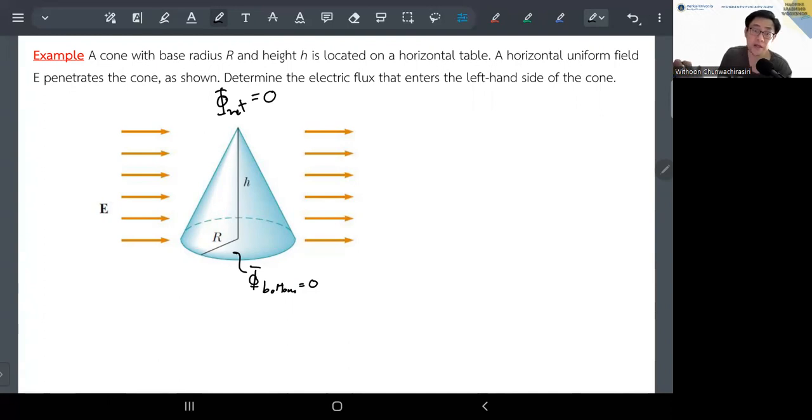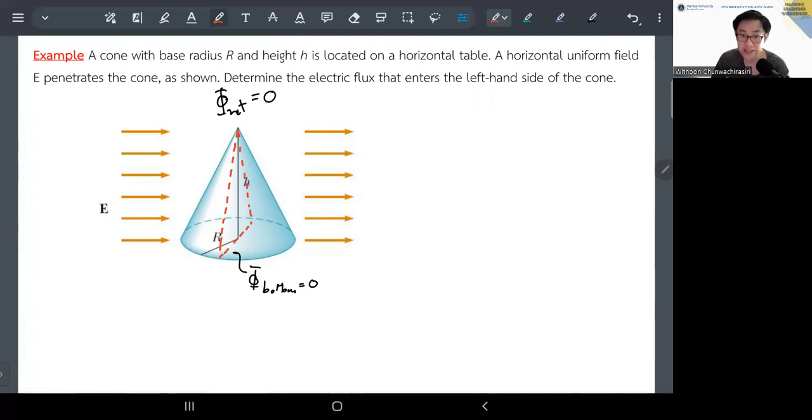So everyone already learned this a couple of times, that the net electric flux is going to give you a zero value. However, this particular problem is asking you to figure out just those lines that get into the cone. That means the left-hand side of the surface.